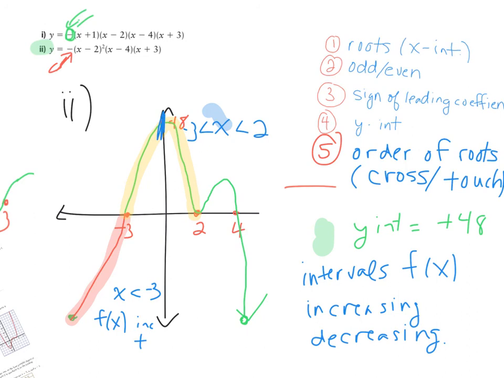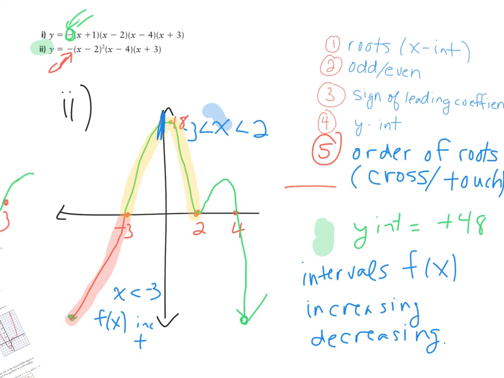It also might talk about whether the graph is below or above the x-axis. So in this section right here, I can see that f of x is increasing, but it's also below the x-axis, which means that f of x is negative during that interval.